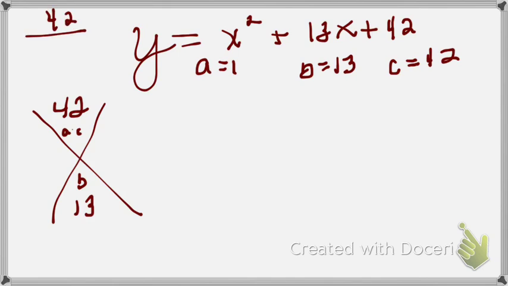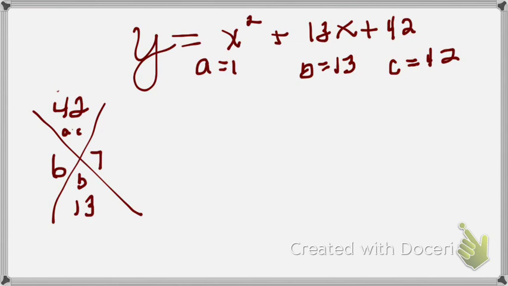So I'm going to do the factors. 1 times 42, 2 times 21. 3 times, we do the math, it divides, 42 divided by 3 is 14. 4 does not go into it, 5 does not go into it, 6 goes into it, 6 times 7. Those are the only two factors that, when added together, will give you 13, okay?